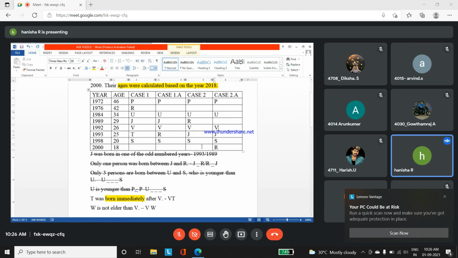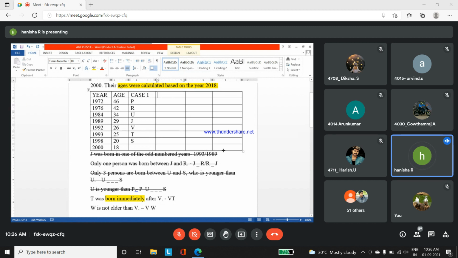So here all these case 1A, case 2 and case 2A are not giving you the right answer because there is a problem with this particular clue. You can't take these cases as a right answer, so we can eliminate all these cases.